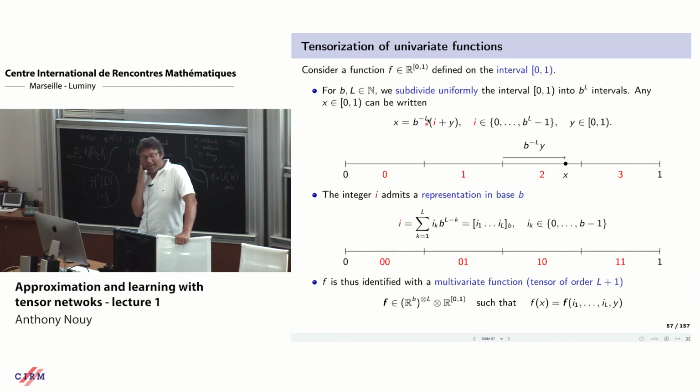Probably. In fact, I have the intuition that playing with this B is like playing with local regularity of the function, but we were not able to quantify this thing.